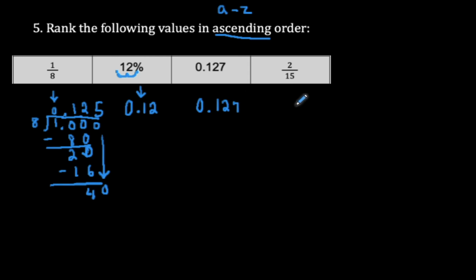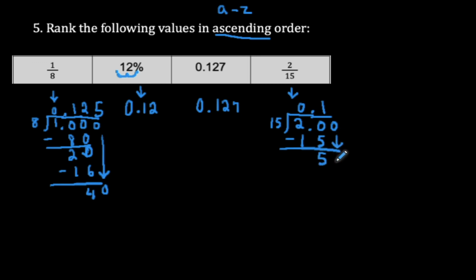And then we have 2/15, so we can convert this into a decimal by dividing. So 2 divided by 15. Place decimal zeros here. Okay, 15 goes into 2 0 times. 15 goes into 20 once. That's 15. All right, and this is 5.